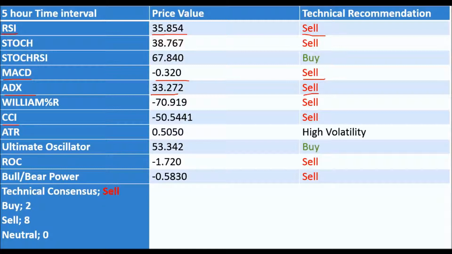It now has a price value of minus 50.544 with a technical recommendation of a sell. Lastly, we're going to look at the bull to bear power ratio. The bear is having the upper hand right now with a technical recommendation of a sell and a price value of minus 0.5830. Overall, we have 2 buys, 8 sells, 0 neutral, and a total technical consensus of a sell.